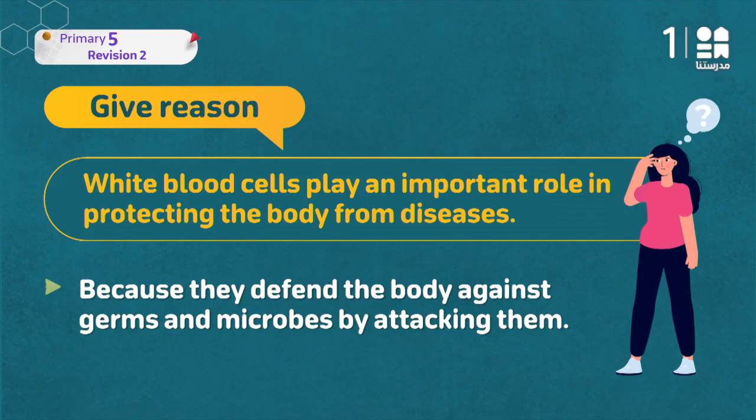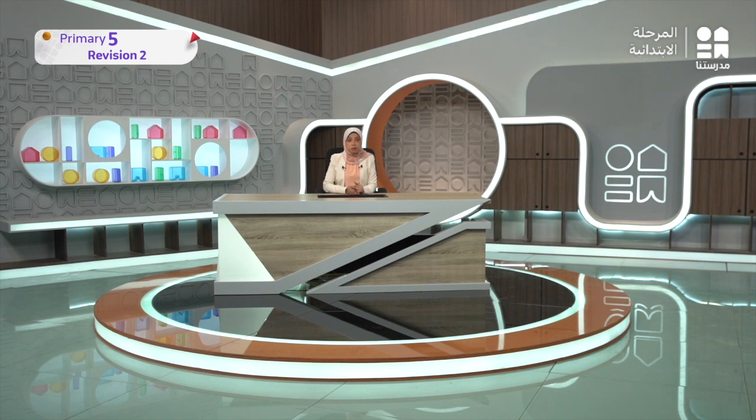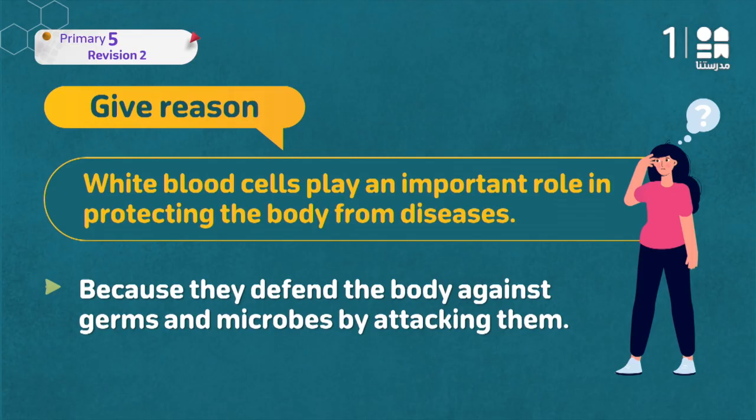So the answer is because they defend the body against any microbes or germs by attacking them. يهجم عليهم فيحمي الجسم ويدافع عن جسمنا من اي ميكروب يقدر يدخل فيه. Why? Because they defend the body against germs and microbes by attacking them.